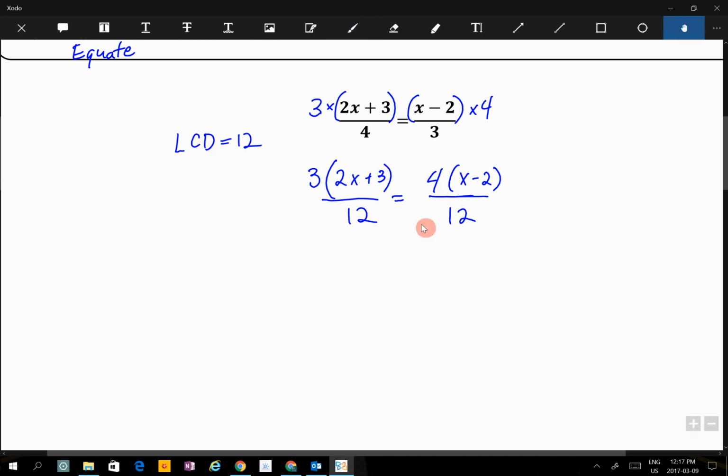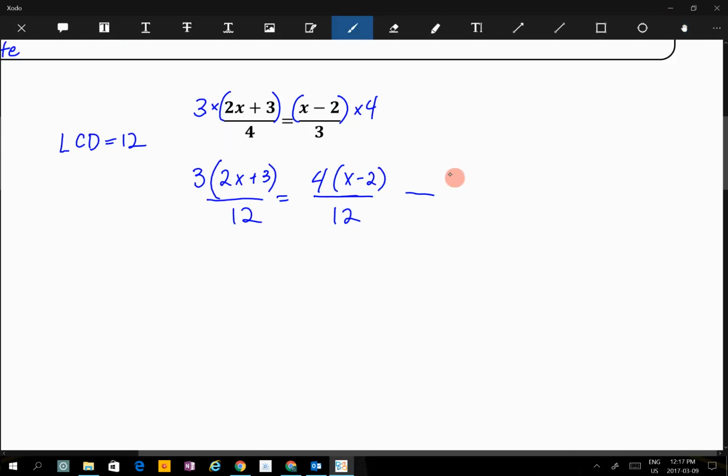So what happens now? Well, it looks like I've gone from simpler to more complicated. But in reality, if you're dividing both by the same number, then the numerators are going to be the same. Okay, so I'm going to say here, since the denominators are the same, they are cancelled.